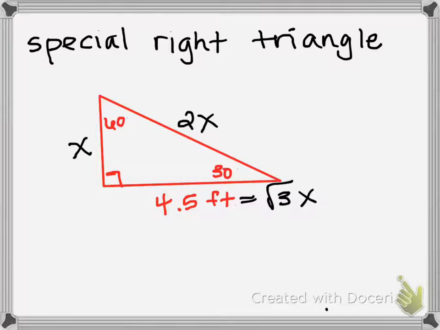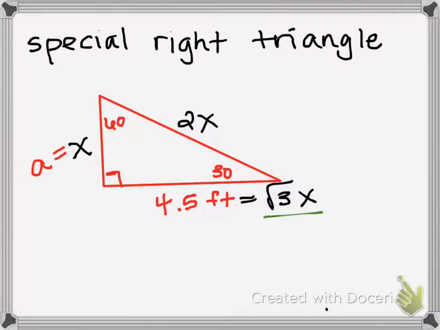Well, my apothem, the value I need to know, is right here. So if I can use this bottom segment to find out what that apothem is, then I could finish up the problem. So right now I have that 4.5 is equal to square root of 3 x.